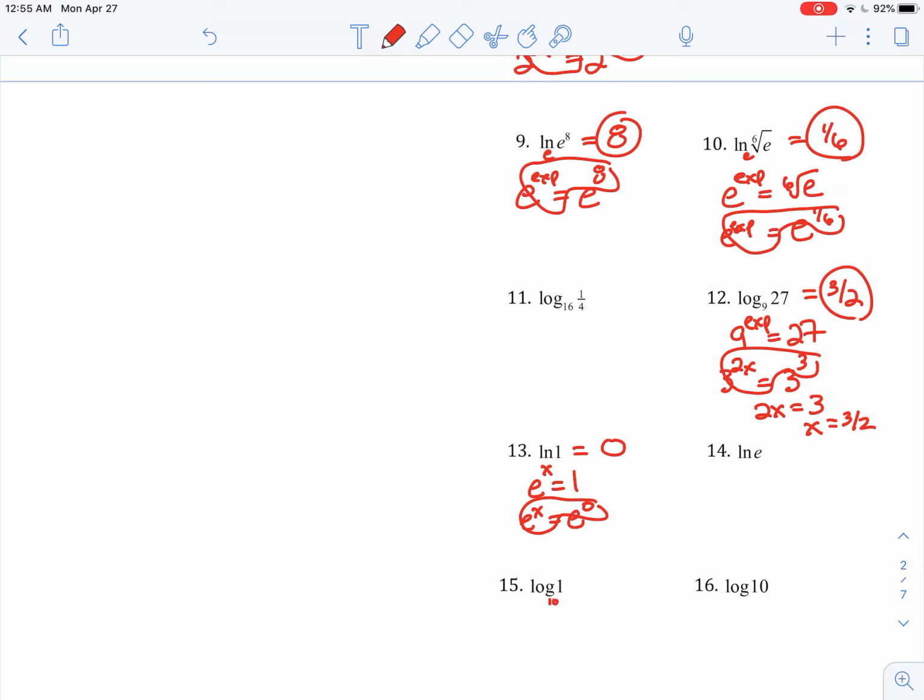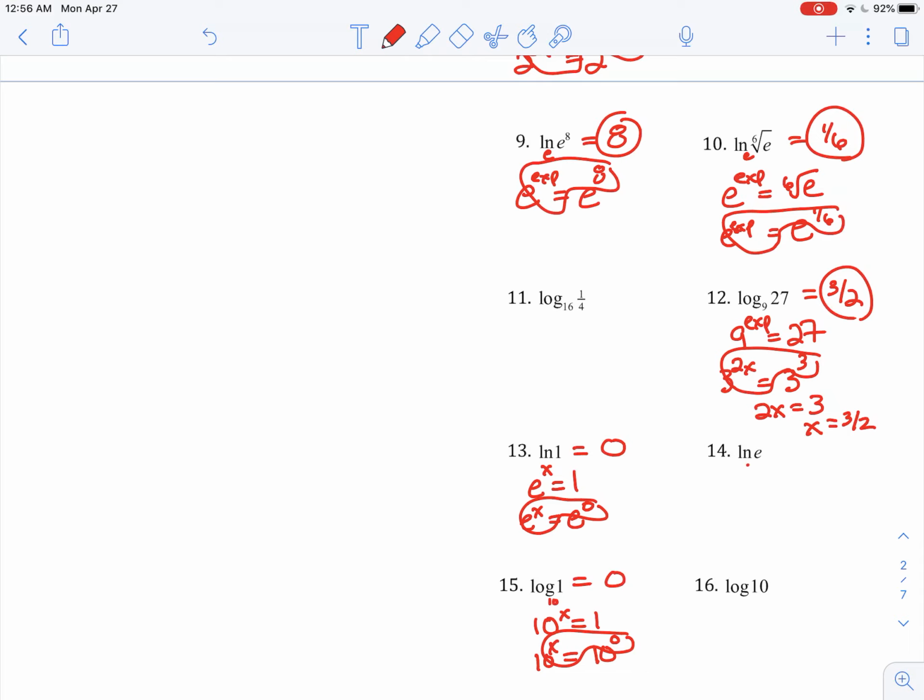On 15, the log of 1, base 10, is implied. 10 raised to what exponent gives you 1? Well, we know that if you take any base and you raise it to 0, you get 1. 10 to the 0 is the same thing as 1, so the log of 1, base 10, is equal to 0. So the log of 1, any base, is going to always equal 0.